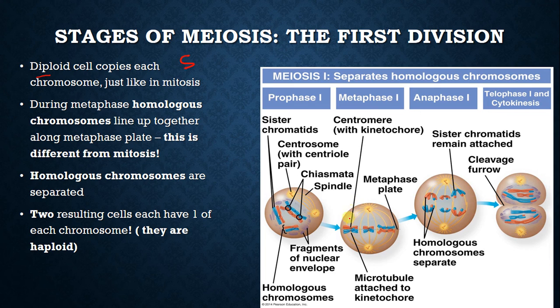So in metaphase 1, the homologous chromosomes, let's say this is chromosome 1A, 1B, 2A in blue, 2B in red, 3A in blue, 3B in red. They line up along the metaphase plate like this.